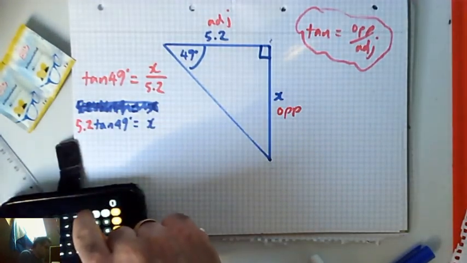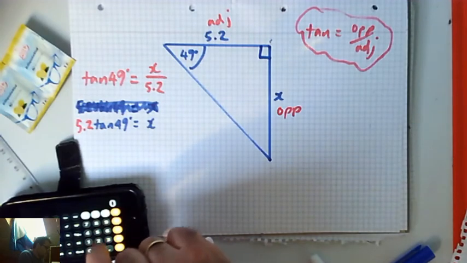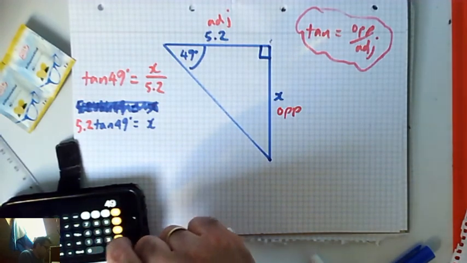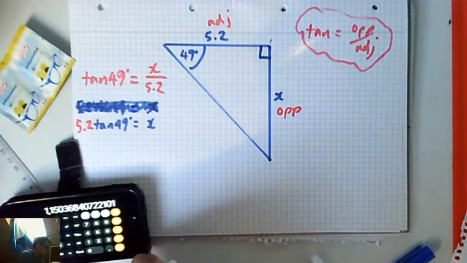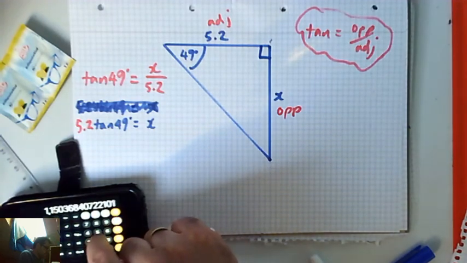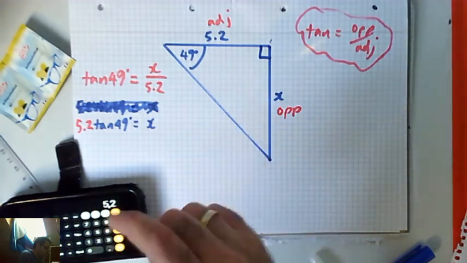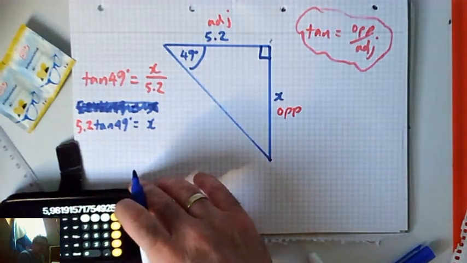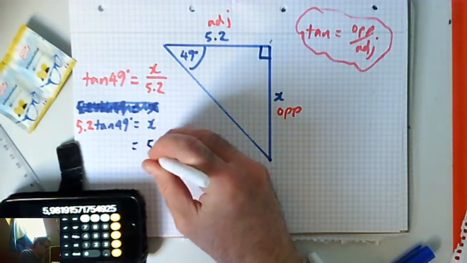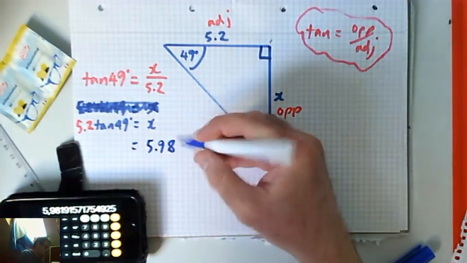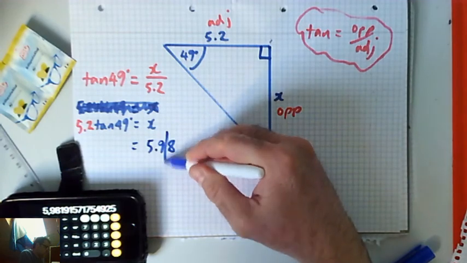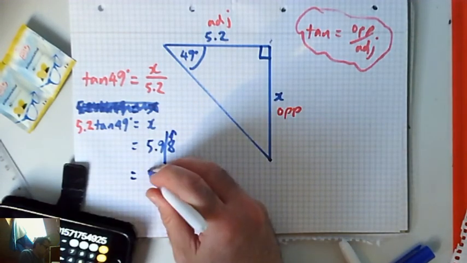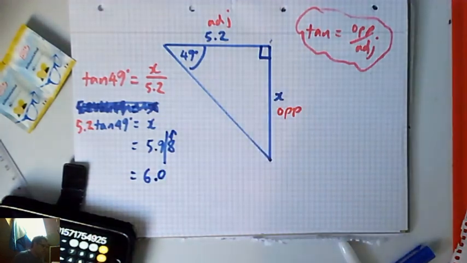And I'm going to punch that into my calculator. So kind of got to do it backwards on this silly iPhone calculator. So 49 tan and then multiply it by 5.2 gives me 5.98. So 5.98, if I round it to one decimal, 5.9, but then the 8 makes it round up to 6.0.